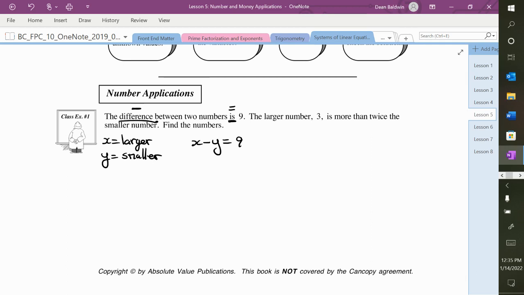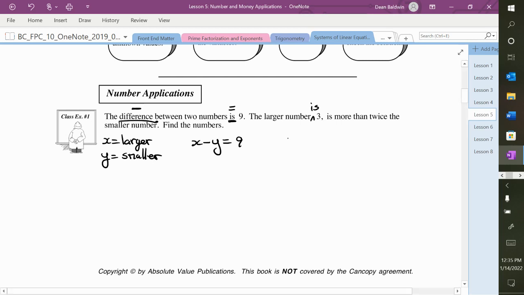Now we have to come up with the second equation, but they've given us a second sentence. The larger number is 3 more. I think what they're supposed to say, yes. Does yours say is in there? Okay. So the larger number is 3 more than twice the smaller. What's the larger number, X or Y?